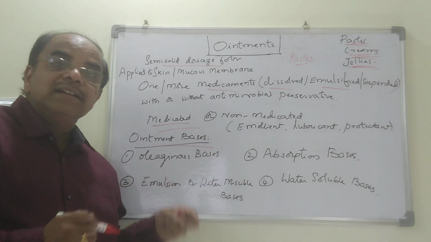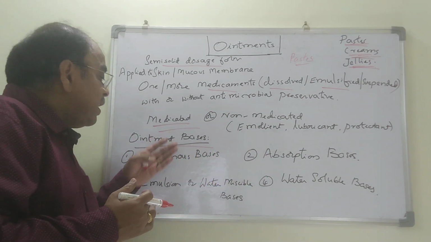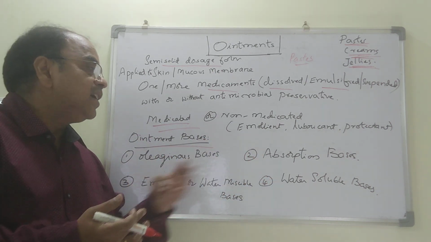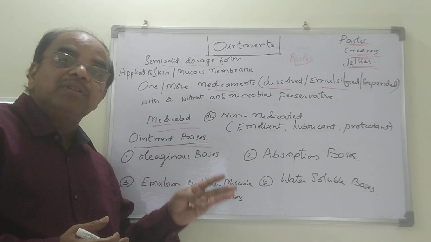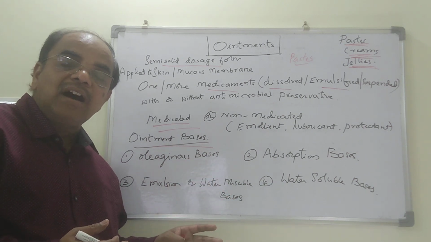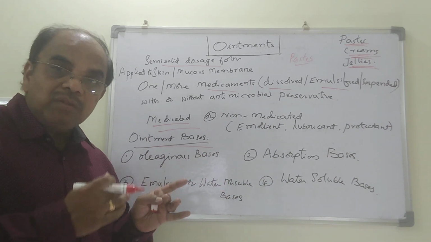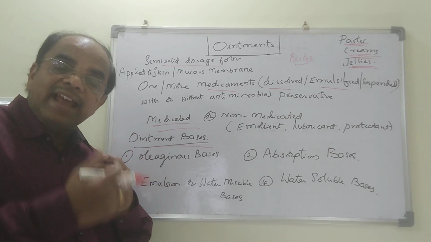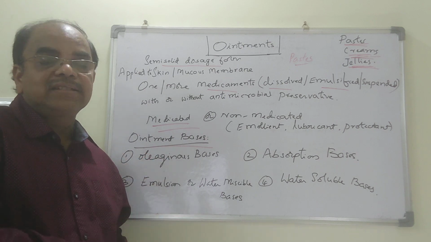Absorption bases, when compared to the oleaginous bases, absorb more amount of water. Examples: wool fat, wool alcohol and beeswax. Wool fat is otherwise called lanolin. We have anhydrous lanolin and hydrous lanolin.